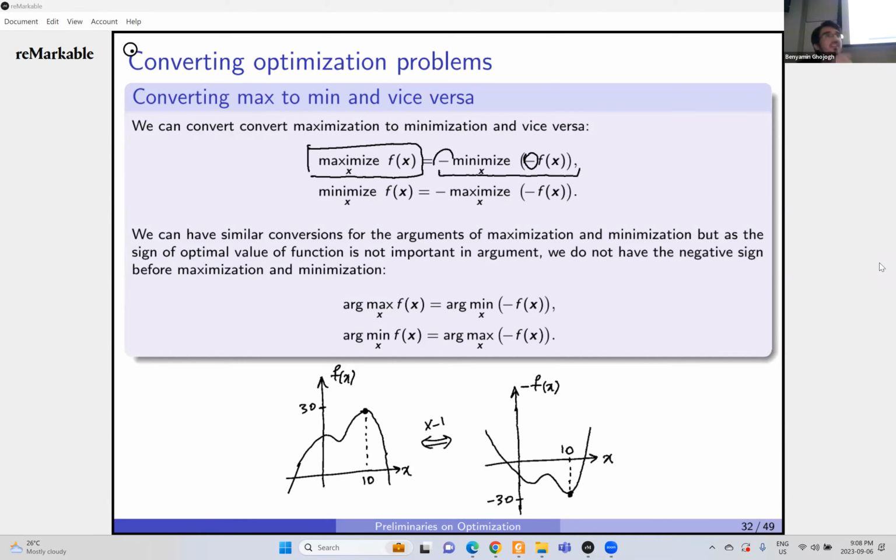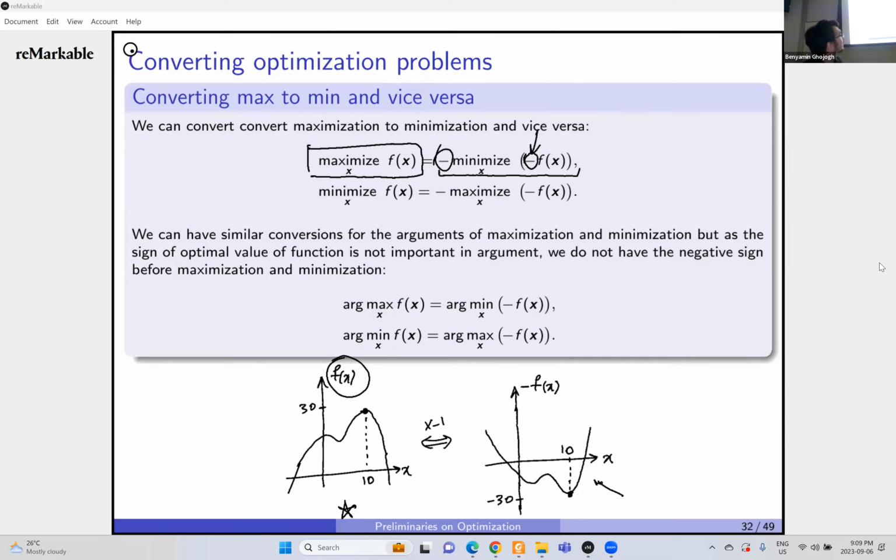Why have I put minus here again? Because, let me tell you. Assume this is f of x, right? Consider this example. I multiply the cost function by minus 1, so it becomes like this, right?